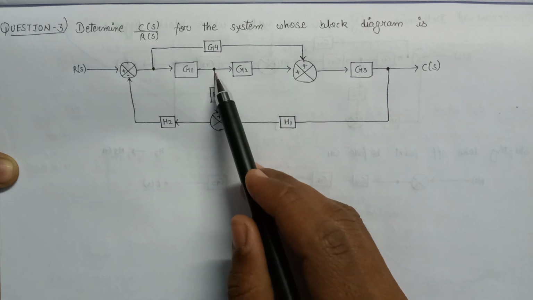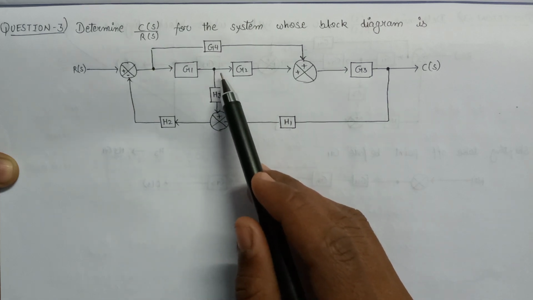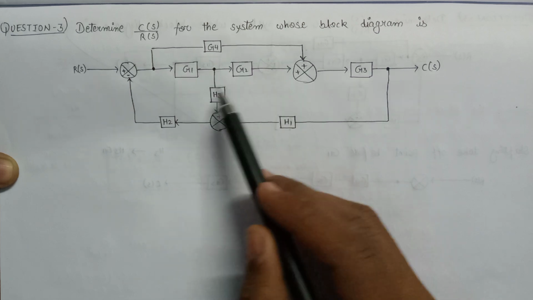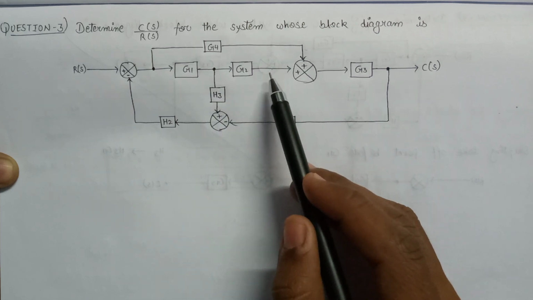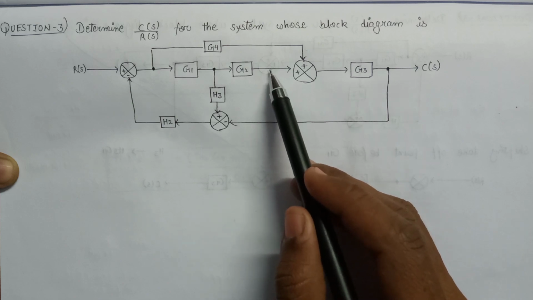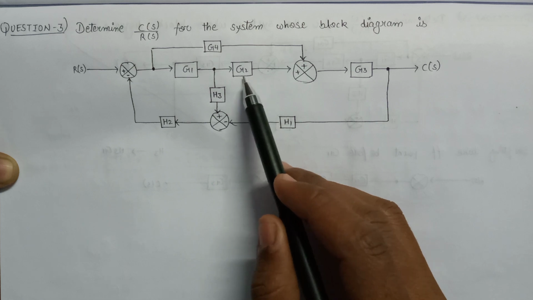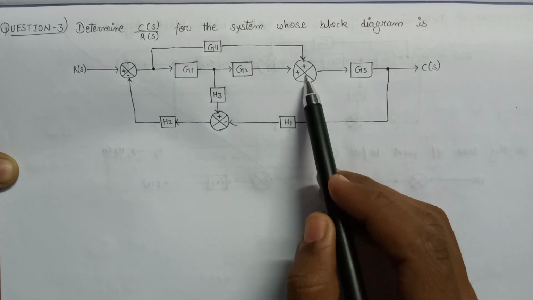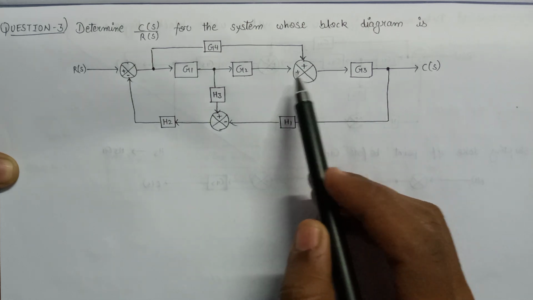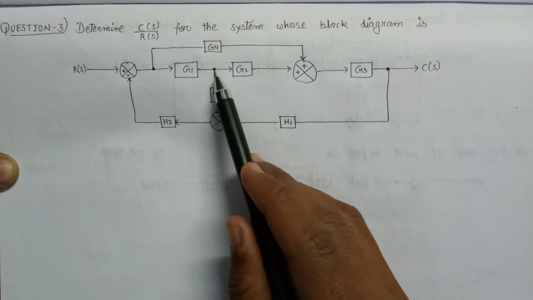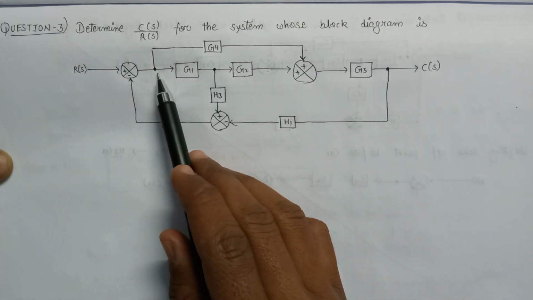So let's talk about the case in which we shift this takeoff point here. If we shift this takeoff point here, then it will again create a problem because this takeoff point will come in between this gain G2 and this summing point. So the only remaining choice is we have to shift this takeoff point before G1.